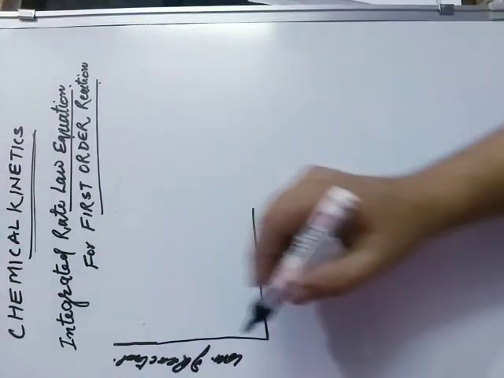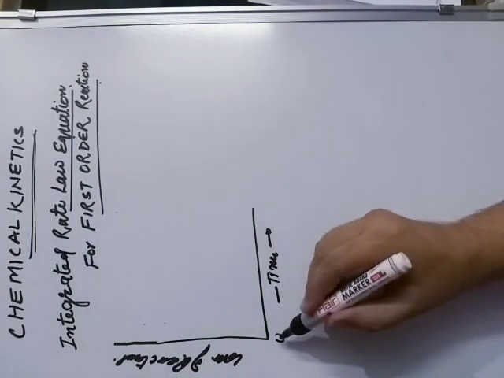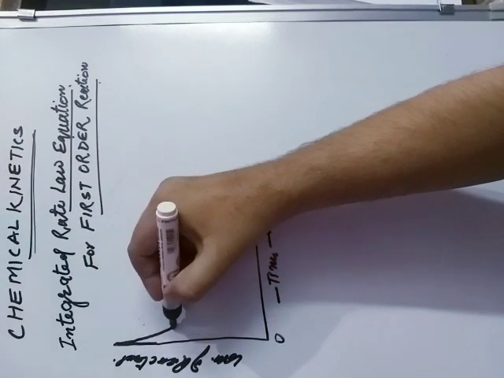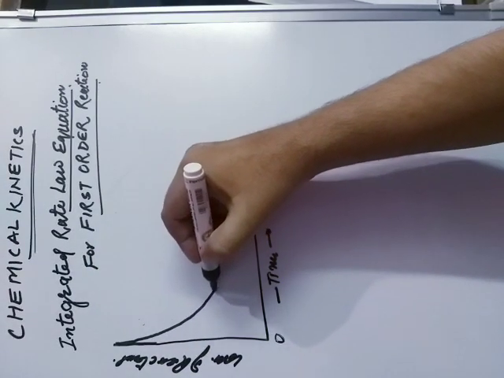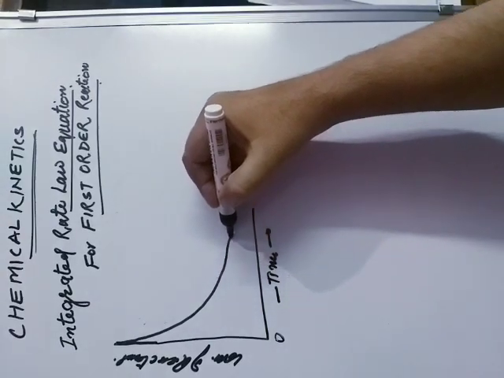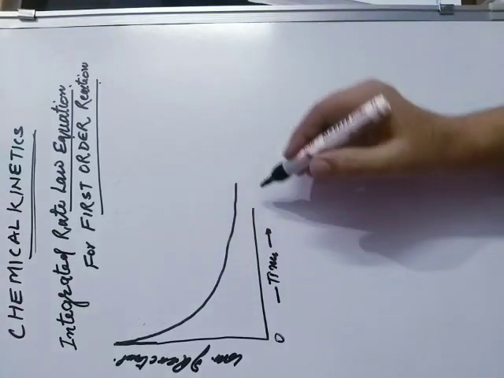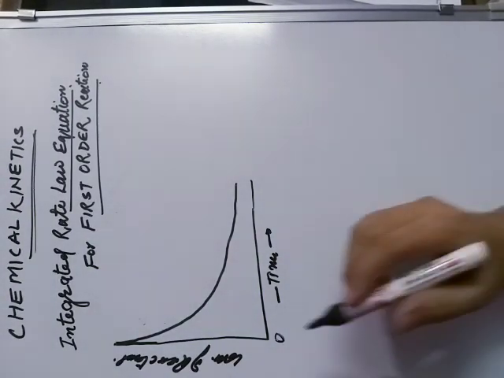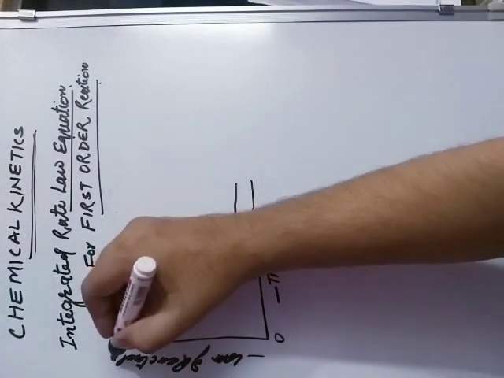Then what will happen? When the time was 0 seconds, the concentration of reactant was the maximum. As the time increases, the concentration of reactant decreases, and at infinite time all the reactant will be consumed.